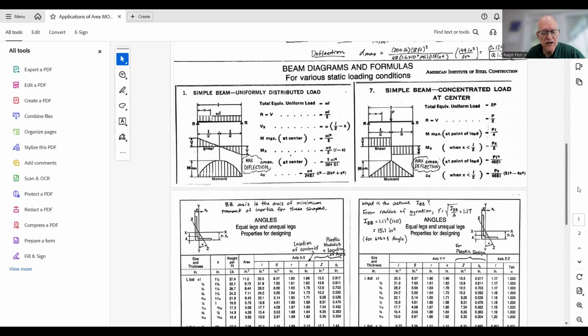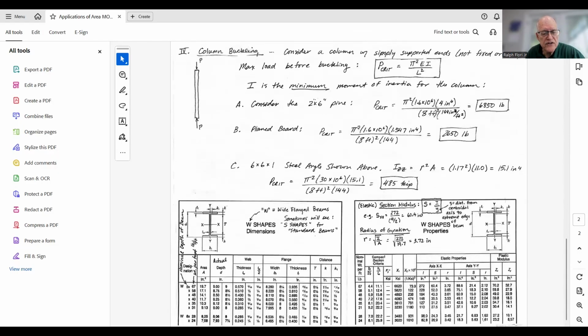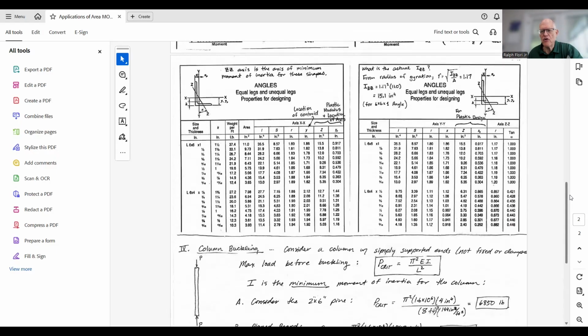If you go down to this table that we looked at for this W shape, the I about the XX axis is 272 inches to the fourth. The I about the YY axis is 88.6. So it's about a third about the y-axis. That's why you stand an I-beam on its end. It's 3 times more resistant to bending and bending stress in that orientation.